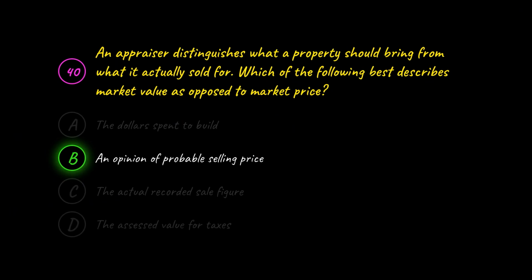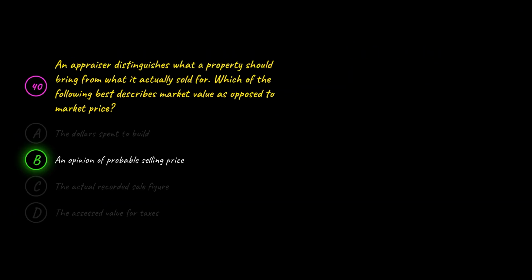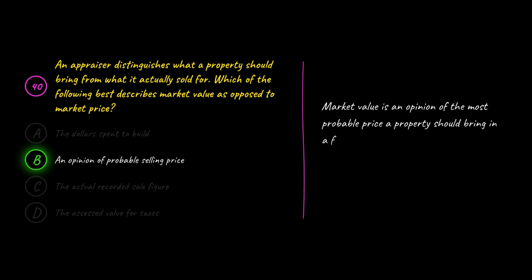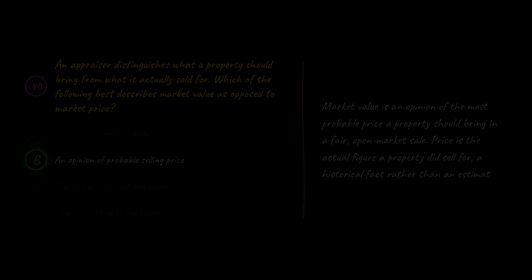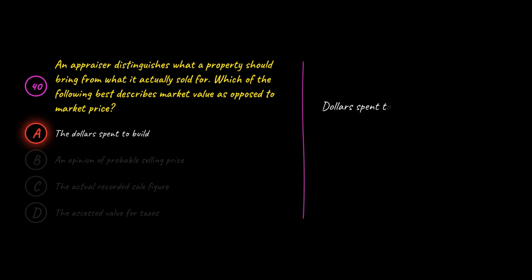The correct answer is B, an opinion of probable selling price. B is correct because market value is an opinion of the most probable price a property should bring in a fair, open market sale. Price is the actual figure a property did sell for, a historical fact rather than an estimate. A is wrong because dollars spent to build describes cost, not value.